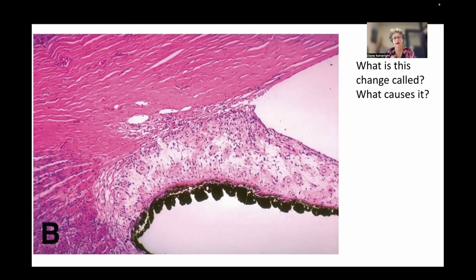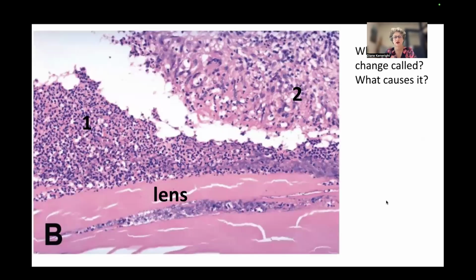Okay, so in this next pair of slides, we're going to look at the difference between phacolytic and phacoanaphylactic glaucoma. Just moving on here, I've circled that adhesion. All right, so this is a close-up of the lens, and the lens has basically lost its capsule.